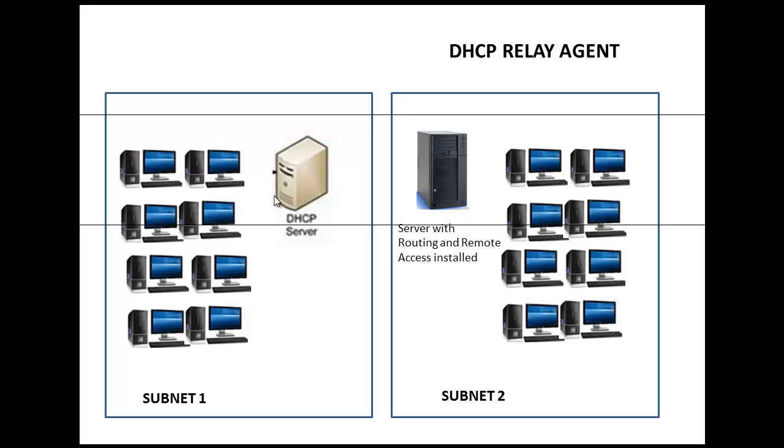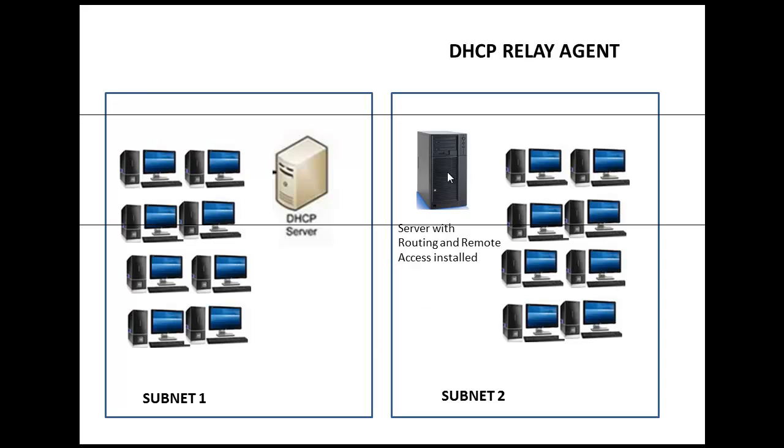Now, ordinarily, messages would go through a router from one subnet to the other. But DHCP, because it is a broadcast-based protocol, by default, its packets do not pass through routers.